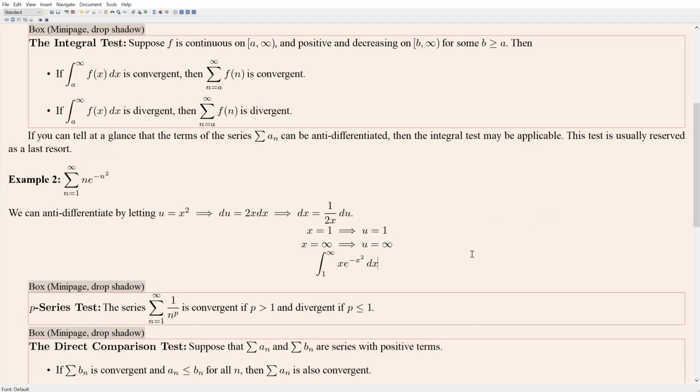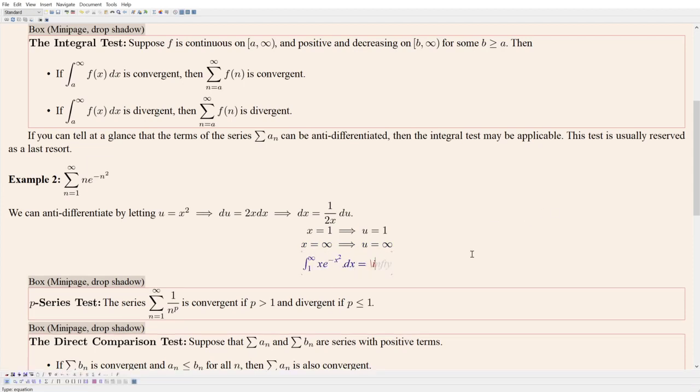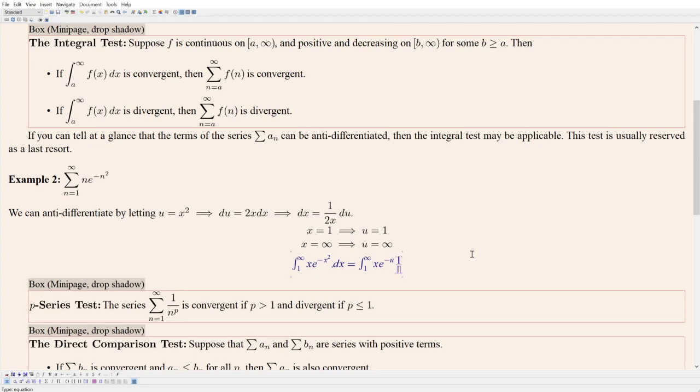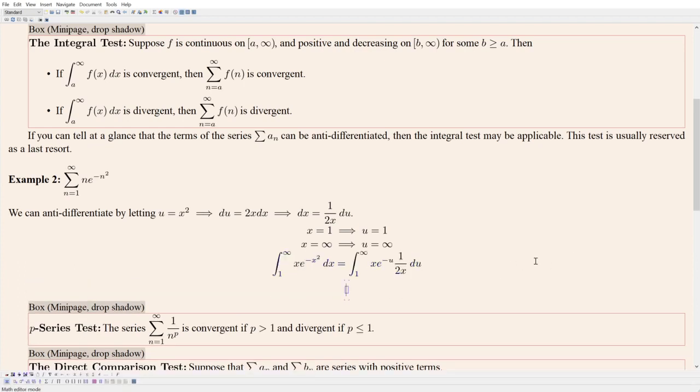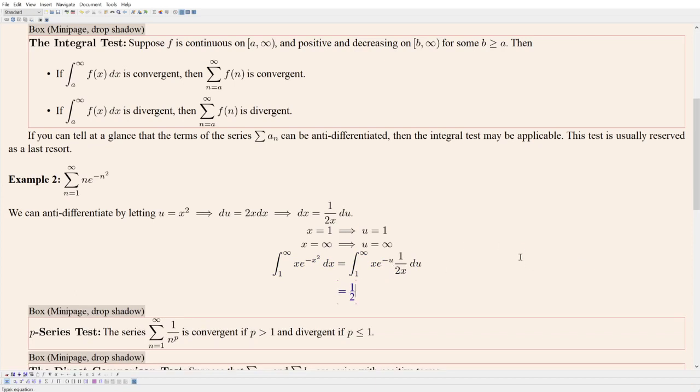So the bounds actually don't change. So x squared becomes u. dx transforms into 1 over 2x du, and these x's cancel, which is what we expected. So we have a 1/2 that we can pull out.